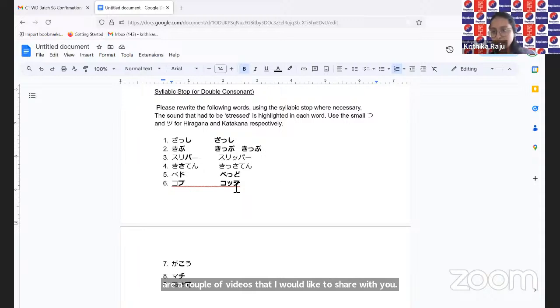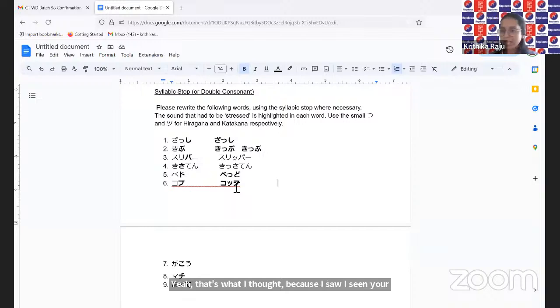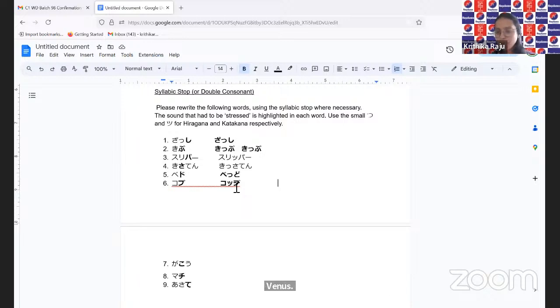I wanted to do it before class, but I didn't find the time. I've got videos for how to type on Mac and on the Android phone. I think Reema-san said you didn't have a laptop to use. No, I used my husband's laptop. Yeah, that's what I thought because I'd seen your assignment and I thought, okay, you'd figured out a way to do it. I'll send you the link, it's a YouTube link. It tells you how you can type in Japanese on your phone and on Mac. So I'll share that with you today.